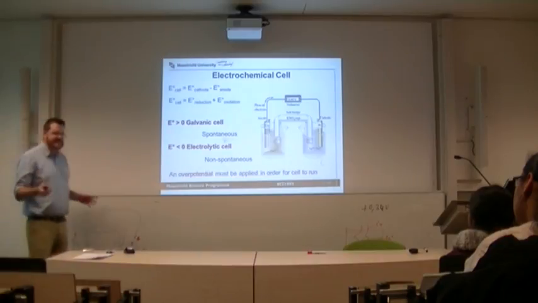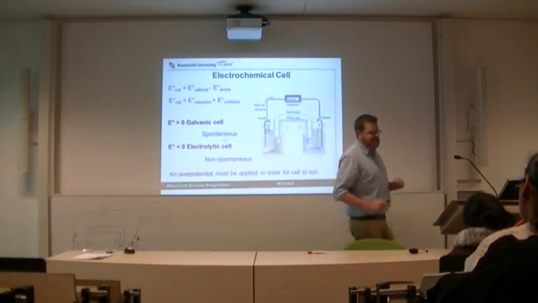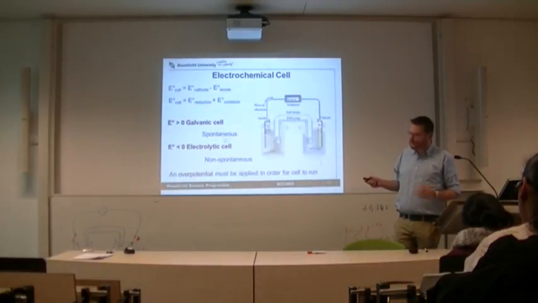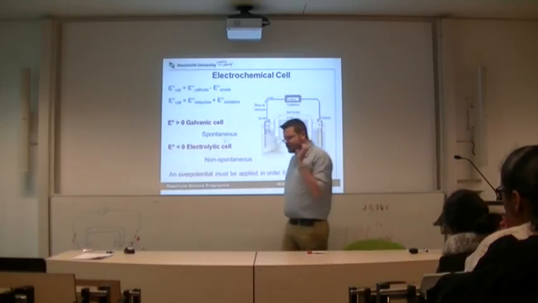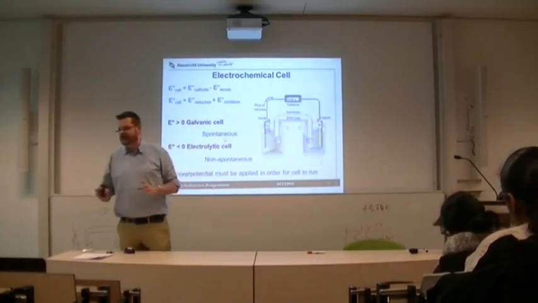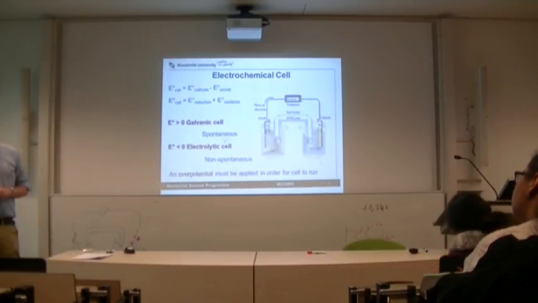So electrochemical cells are galvanic cells and electrolytic cells. Galvanic cells are spontaneous, i.e. batteries, like we have here. And electrolytic cells are non-spontaneous. We need to pump electricity in to get the reaction to go. That's basically the take-home message.